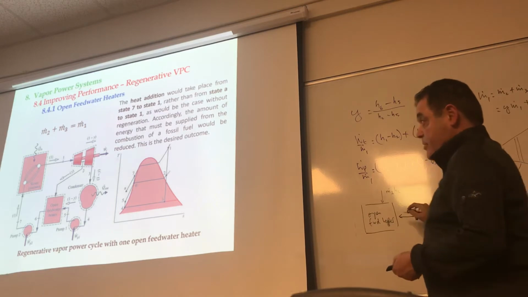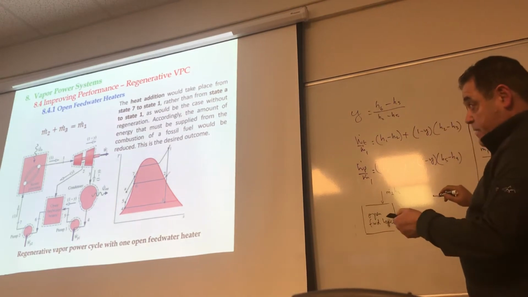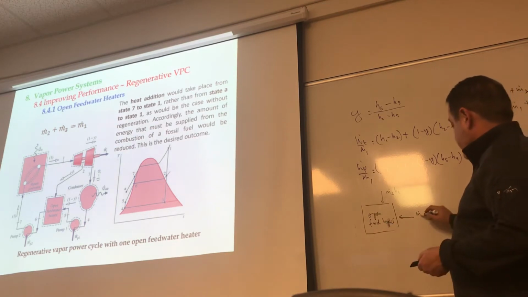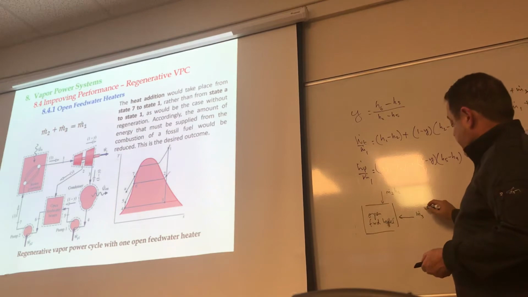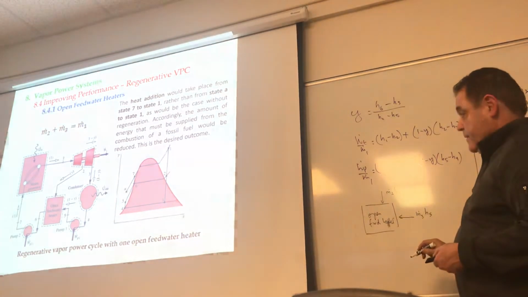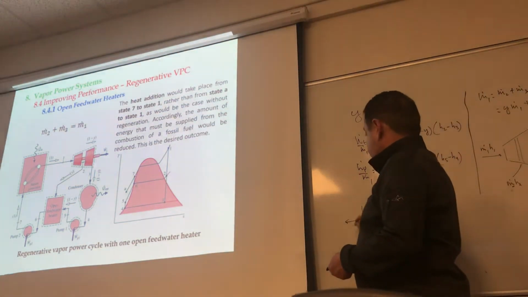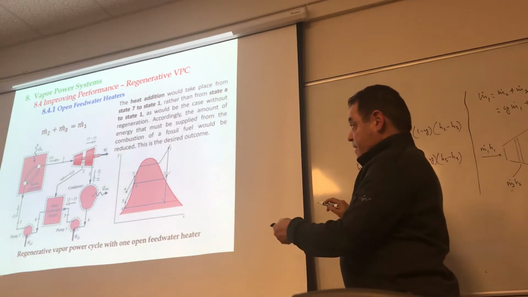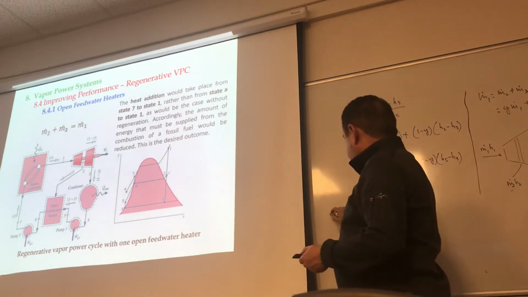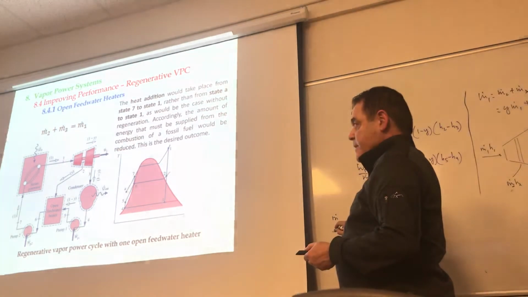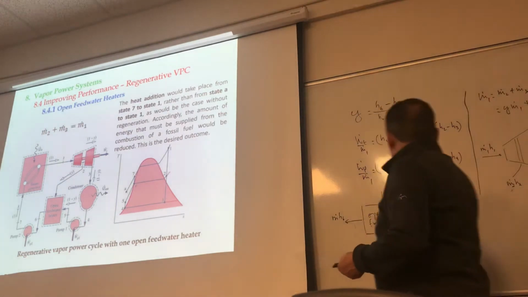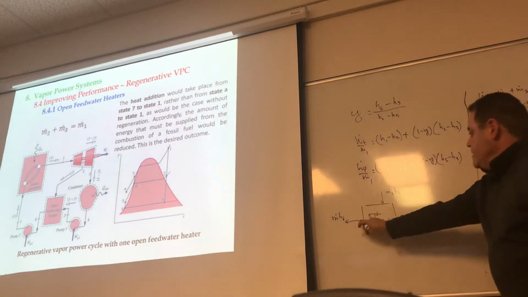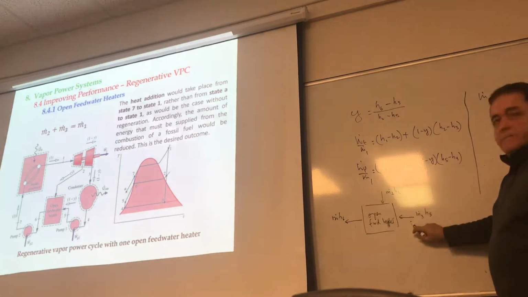What comes in through here is m dot 3 times h5. And how much is leaving? It's just going to be the entire m dot times h6, okay? So if I do this, then isn't it true that this has to equal this plus that?